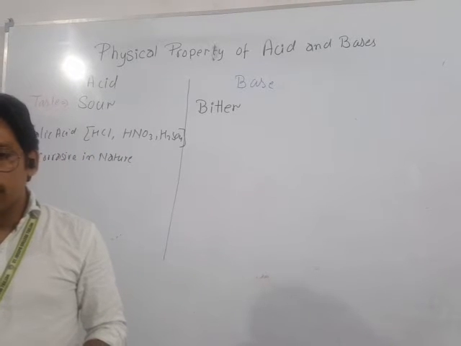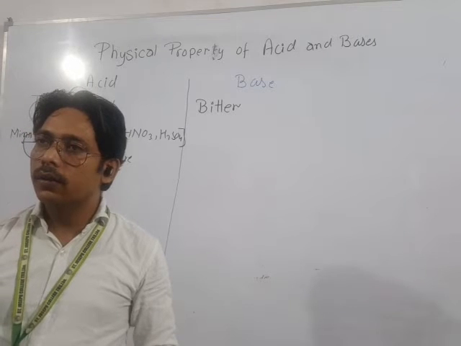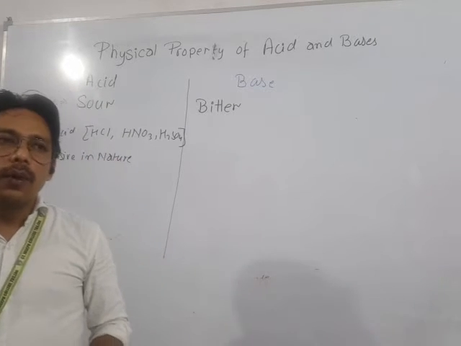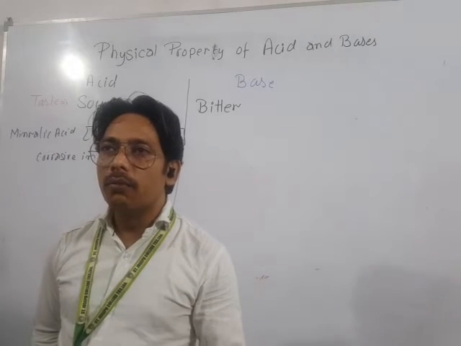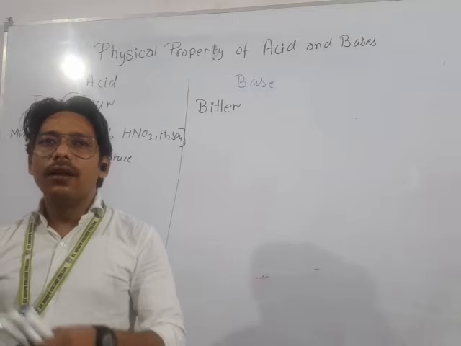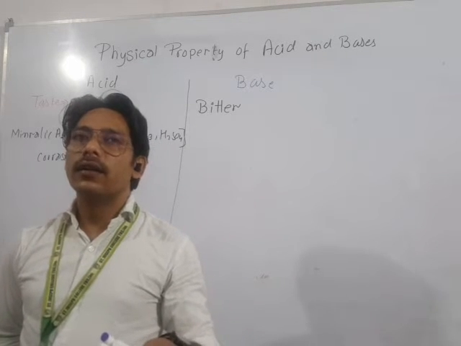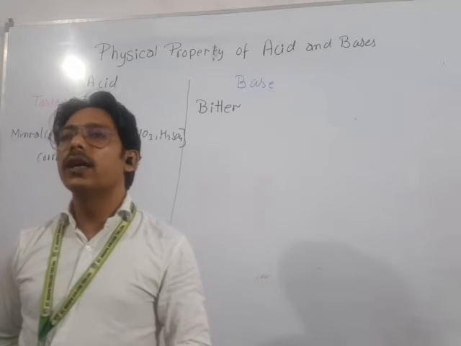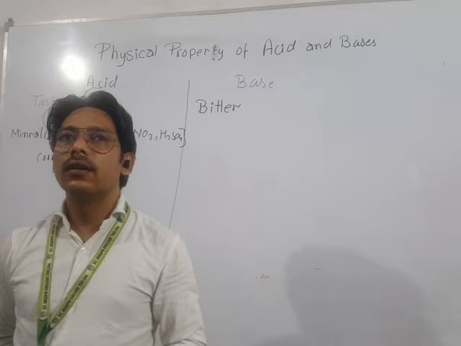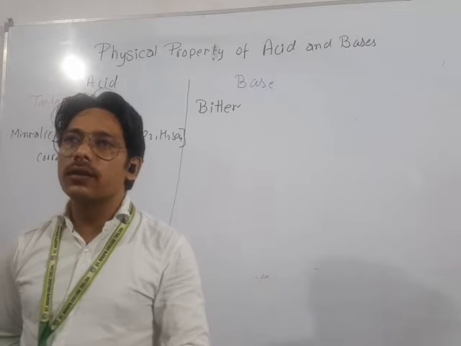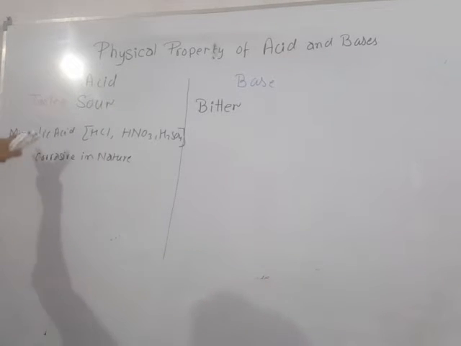Okay? Once again, when acid is introduced or poured over any marble or metal, it removes its top layer, it destroys the polish. This is called corrosive in nature. Okay, so look here.